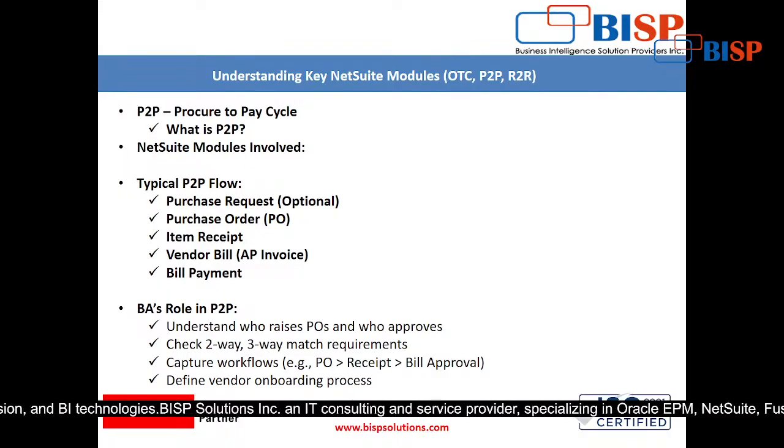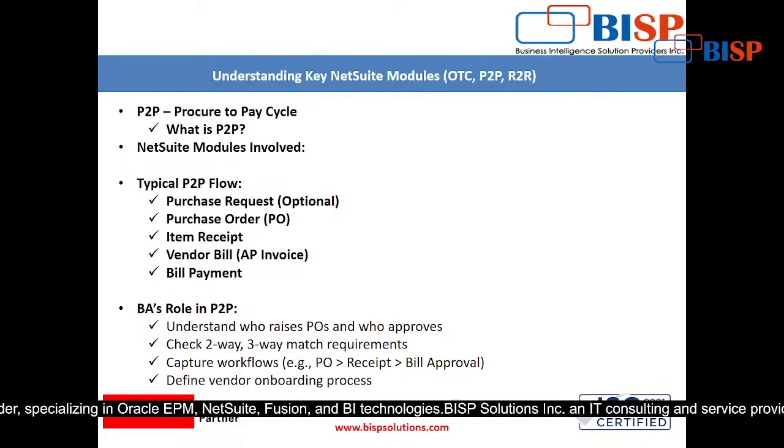I take all raw material from a vendor, and that vendor sends me the items, right? Whatever raw material I purchase, first the purchase requisition is created, it is converted into a purchase order, then item receipt. Item receipt means the vendor is sending me the items, that is called the item receipt activity.